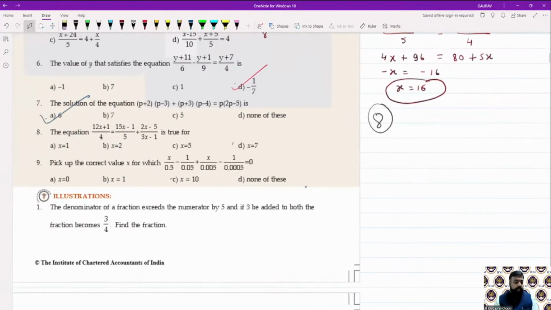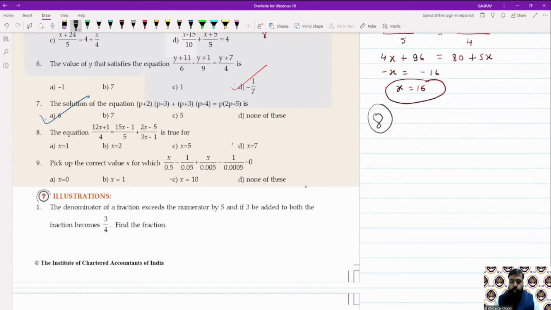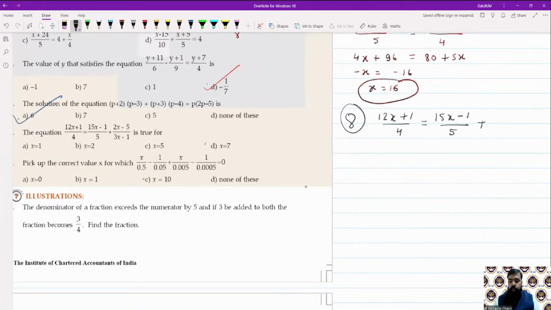So question number 8 is 12 of x plus 1 divided by 4 is equal to 15 of x minus 1 upon 5 plus 2 of x minus 5 upon 3x minus 1.